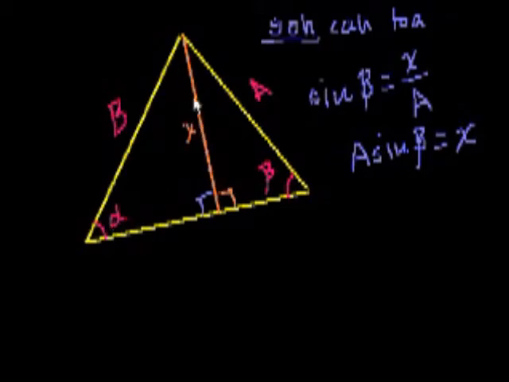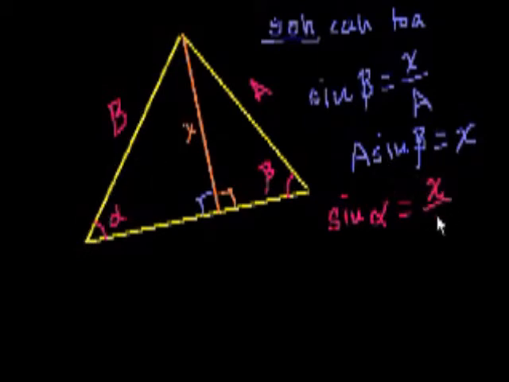So now let's see if we can find a relationship between alpha and x, the other triangle right here. Similarly, from the previous triangle that we saw, if we look at the right triangle, because it's a right triangle again, x here relative to alpha is also the opposite side, and now B is the hypotenuse.